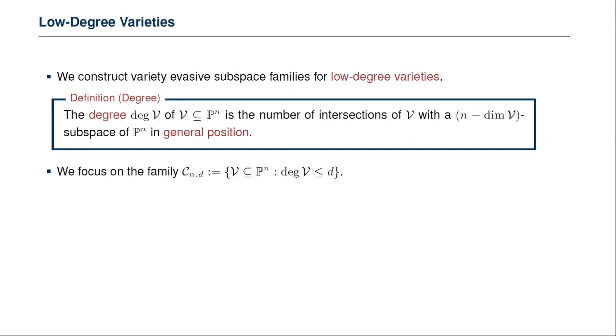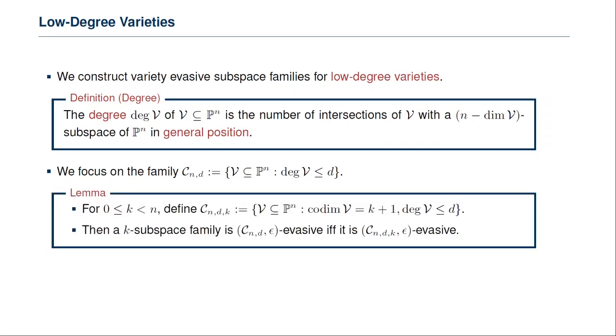Note that here I have not specified the dimension of the variety, only the degree. But in fact, it can be shown that it suffices to consider varieties of codimension exactly k+1.